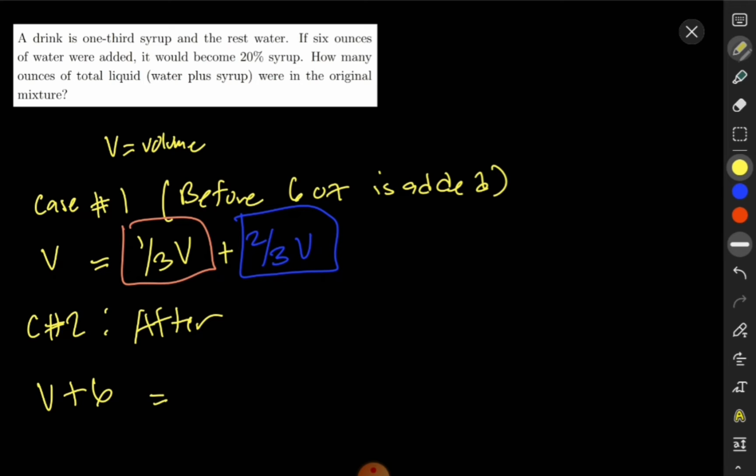Let us convert that into a fraction. That is 20 over 100, so it becomes 2/10, and finally in lowest terms it becomes 1/5. So obviously the water will become 4/5. So we have 1/5 of syrup plus 1 minus 1/5, or 4/5, of water.